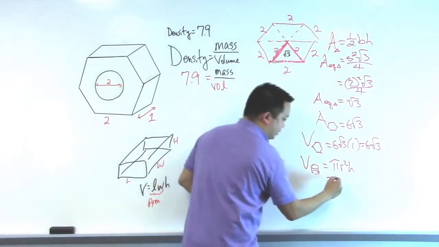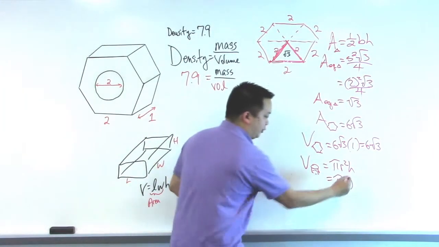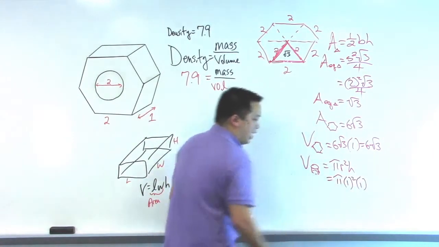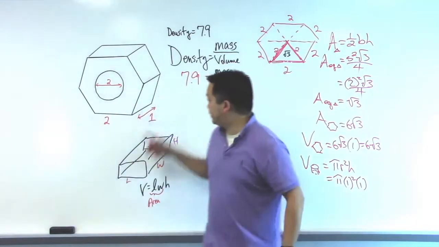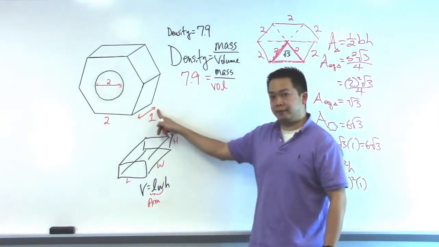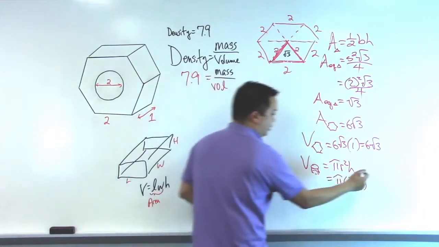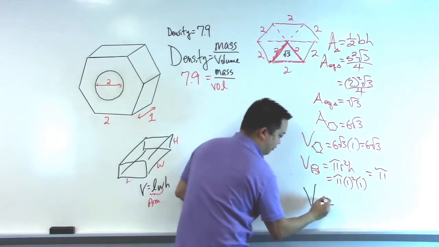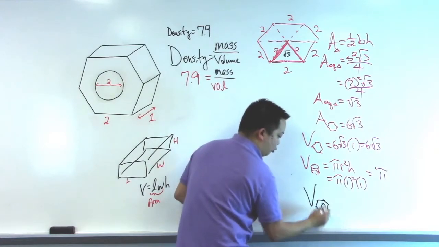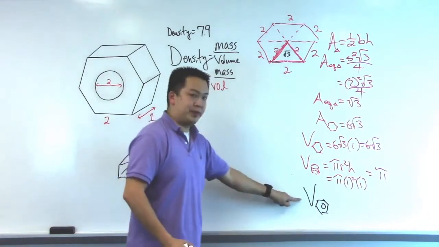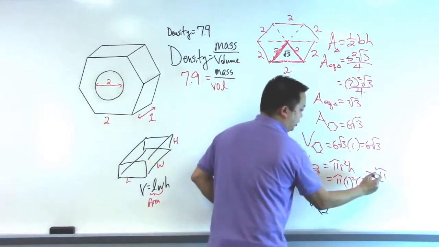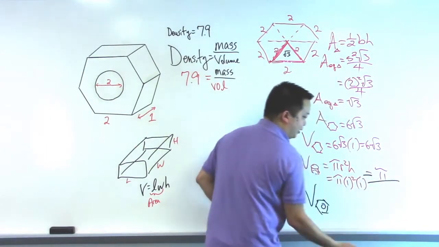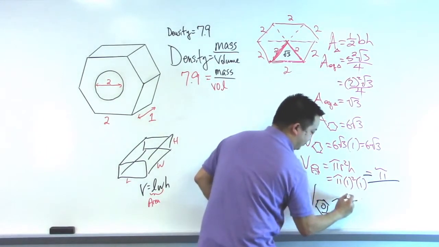The radius, because the diameter is 2, the radius would be 1, and the height would again be 1 as well, because this has a thickness of 1. So the volume of the cylinder here would be equal to pi, so therefore the volume of the hexagonal metal nut with a hole drilled in the middle will be equal to 6 root 3 minus pi, which gives us approximately 7.25.